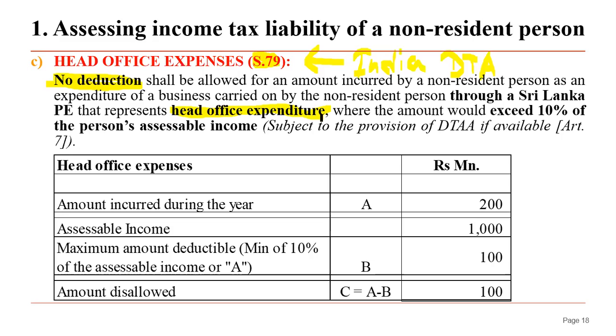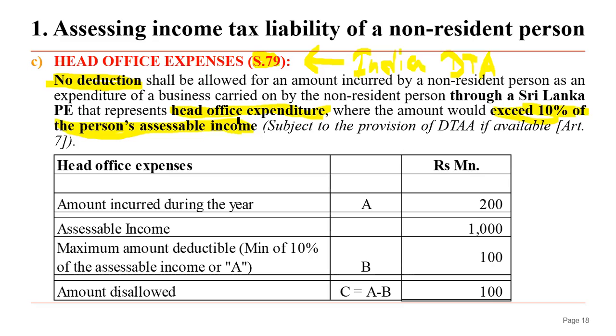So what we need to do is adjust that head office expenditure. The allowable limit is a maximum of 10% of the person's assessable income. You need to take the assessable income, then take 10% of it.